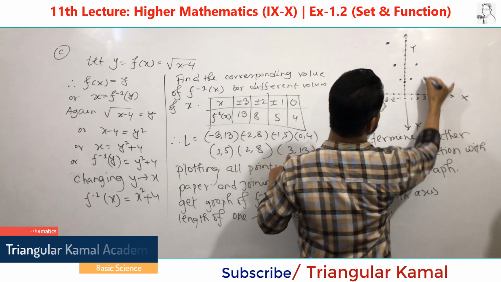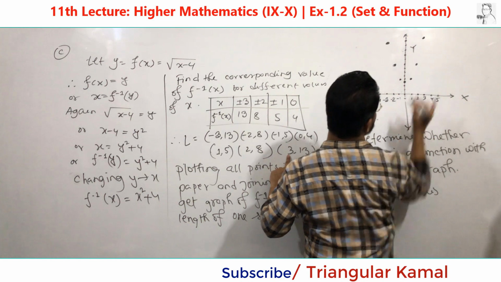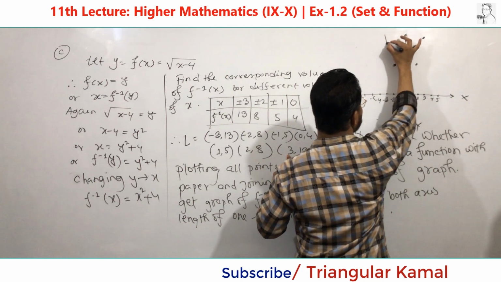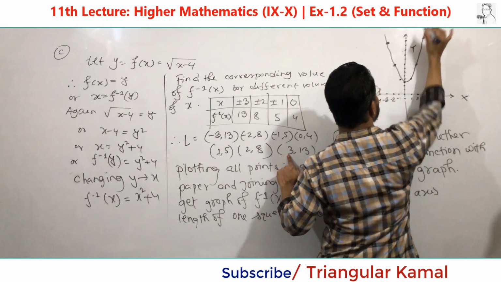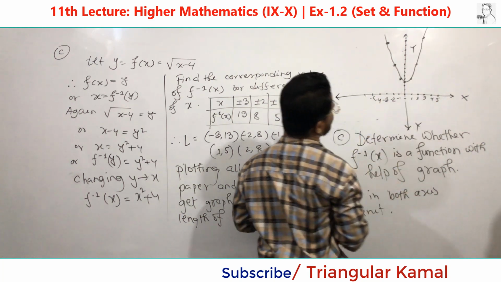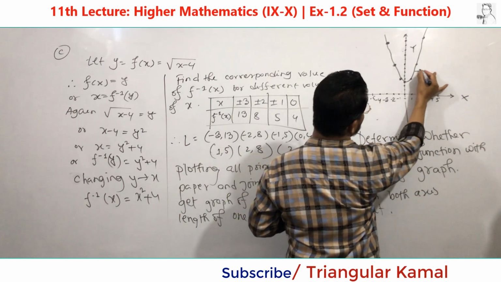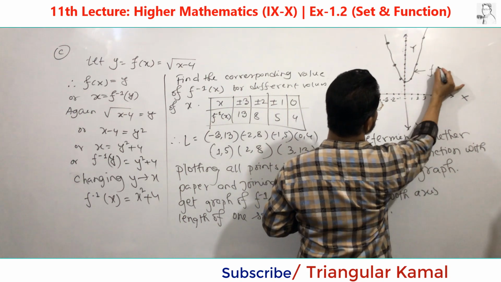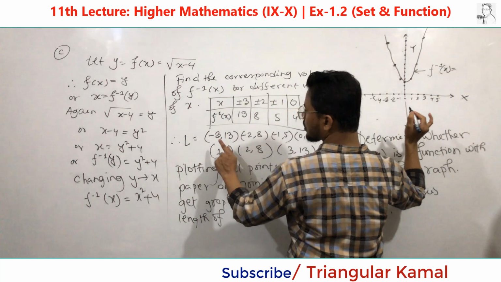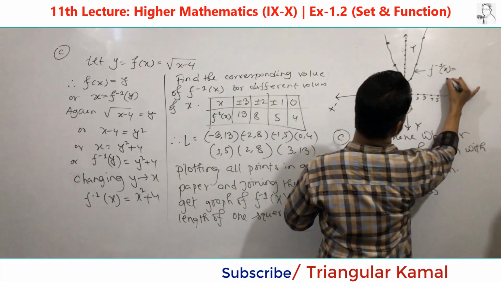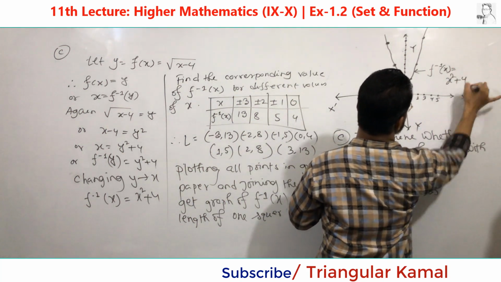Then plus 3, 13. Now joining one by one, we will get this equation. So we can write here, this is the graph of f inverse x equal x square plus 4.